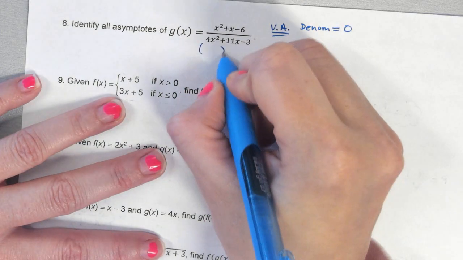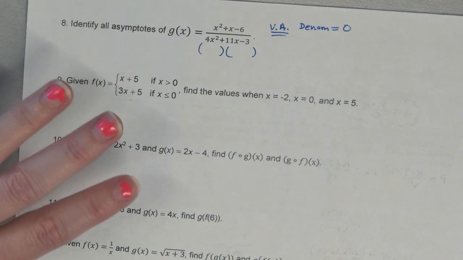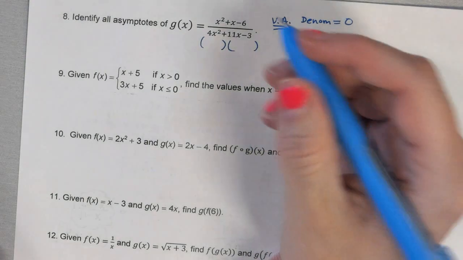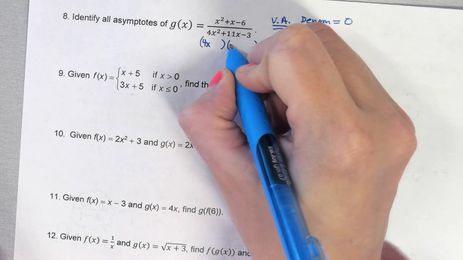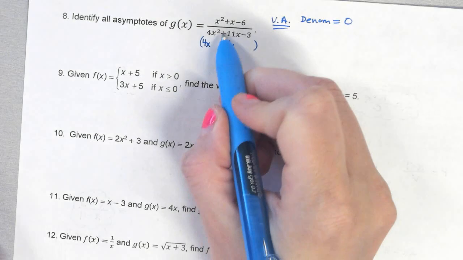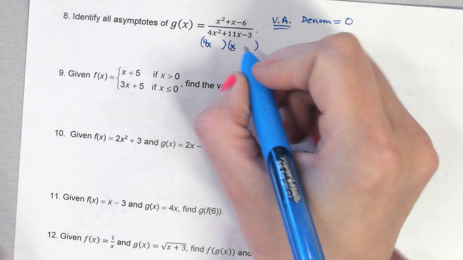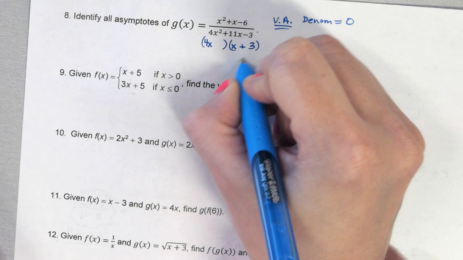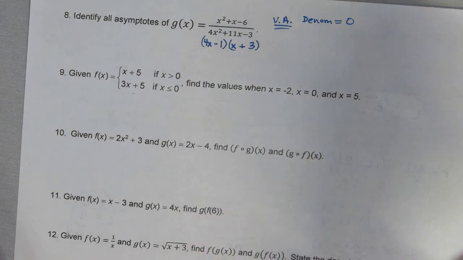Okay, now for this one, you have to be able to factor the 4x squared plus 11x plus 3. So there are two possibilities. You can start with 2x and 2x, or you can start with 4x and x. So you have to get the middle to add up to 11. So I know if I put a plus 3 here, 4 times 3 is 12. 12 minus 1 is 11.